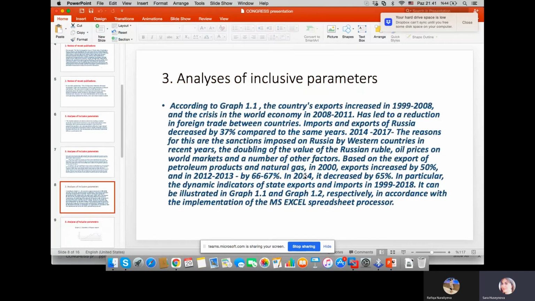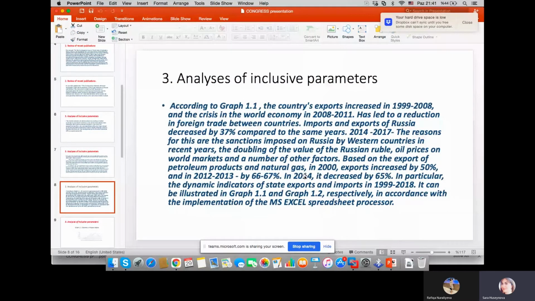It depends on when export increases and when it decreases. It depends on the economic resources of the country, and here is the export of petroleum products and natural gas. In 2000, export increased by 50%, and in 2012 and 2013 by 66 and 67%.